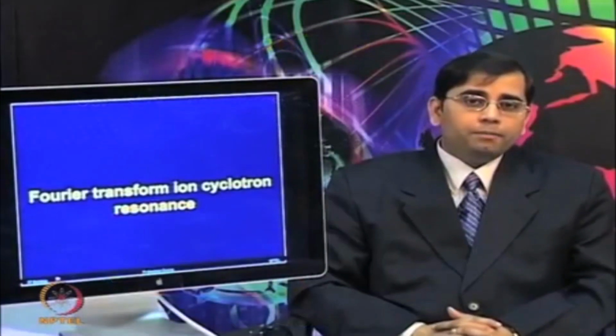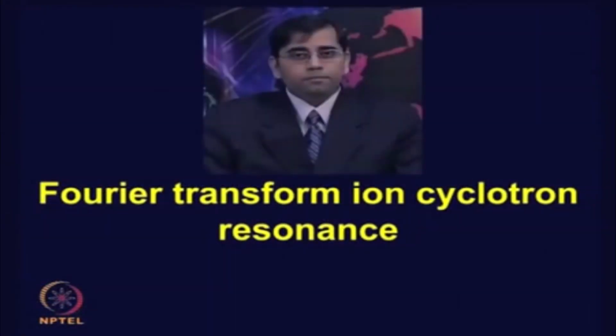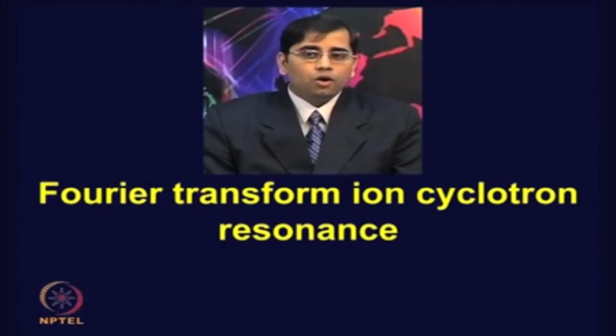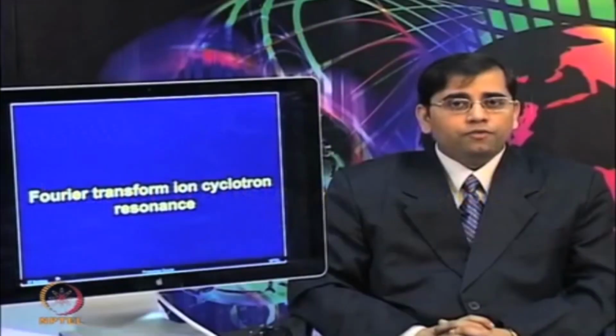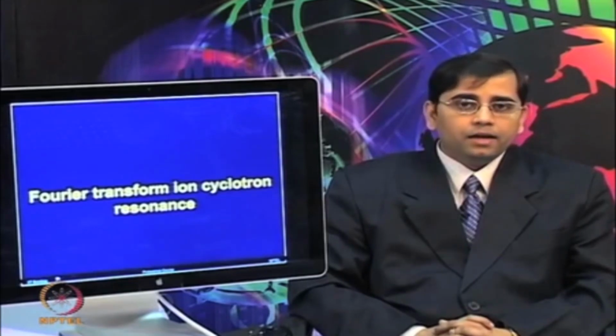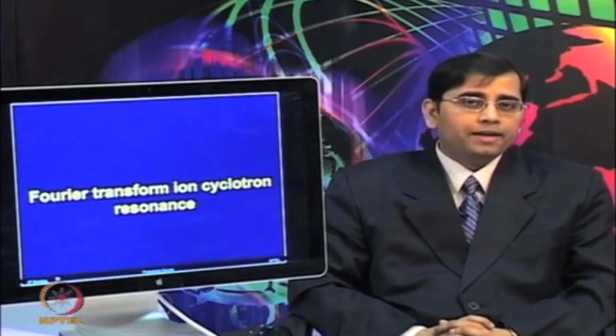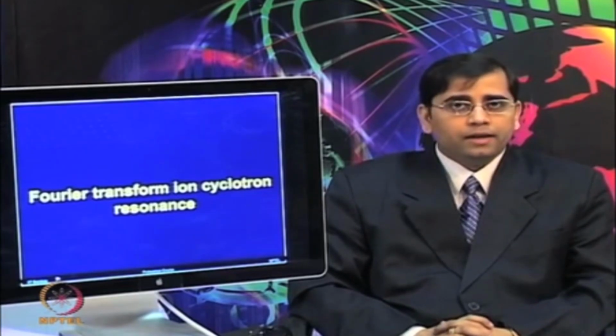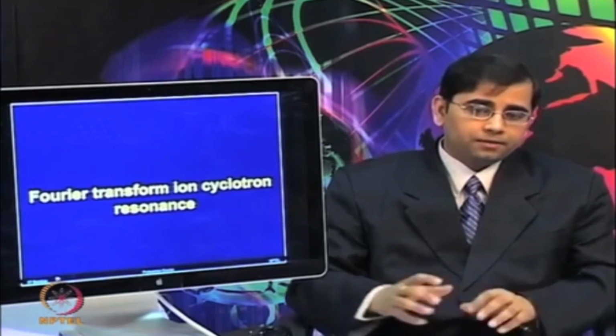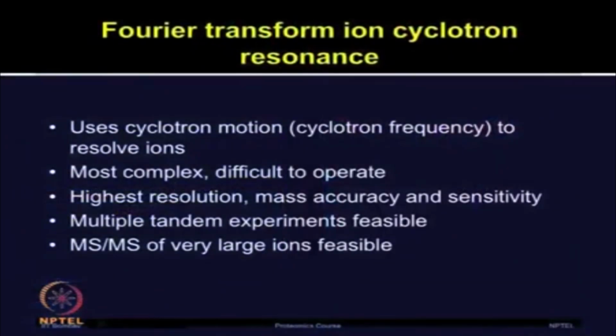One important mass analyzer is Fourier transform ion cyclotron resonance, or FTICR. Due to its high resolution and MS/MS capabilities, application of FTICR MS in combination with electrospray ionization has been employed for large biomolecules, and now it is also used in proteomics. An FTICR MS can be considered as an ion trap system, where ions are trapped in a magnetic field.